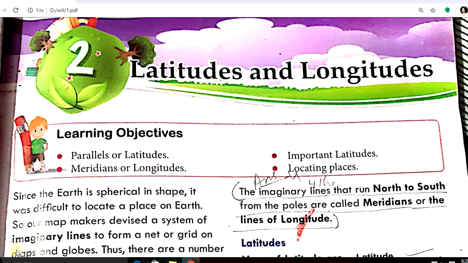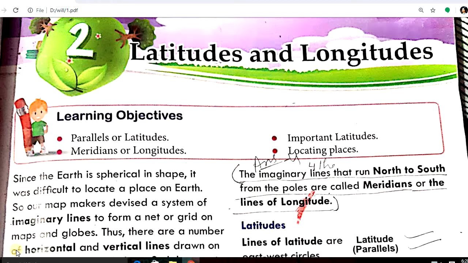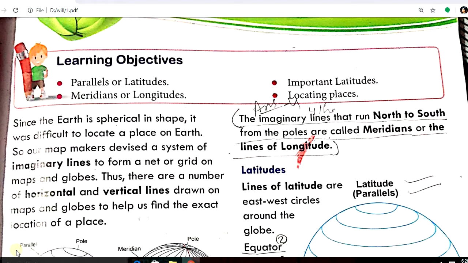So our map makers devised a system of imaginary lines to form a net or grid on maps and globes. इसलिए जो मैप मेकर्स हैं उन्होंने एक सिस्टम बनाया, उसमें इमेजनरी लाइंस बनाई हैं, नेट और ग्रिड फॉर्म करने के लिए मैप्स एंड ग्लोब्स में.